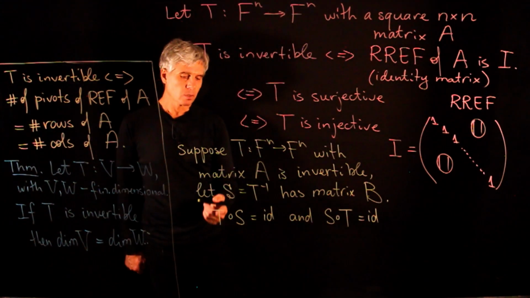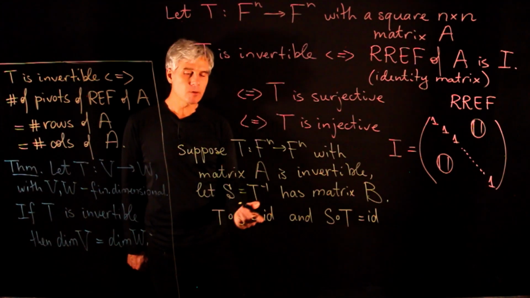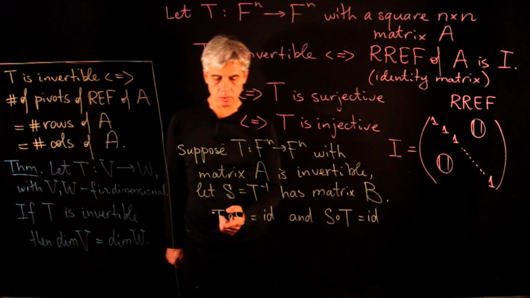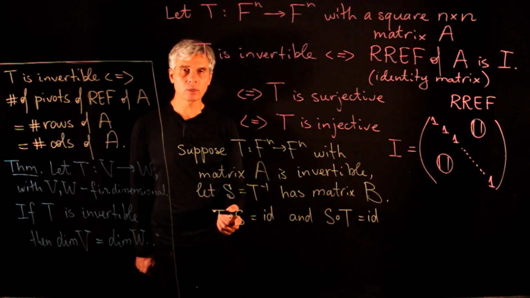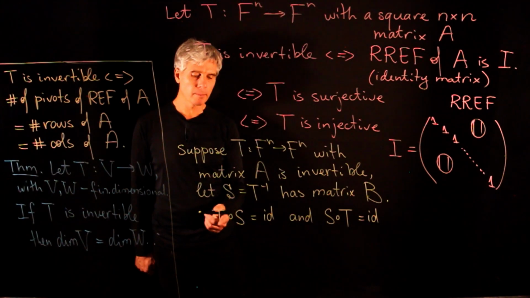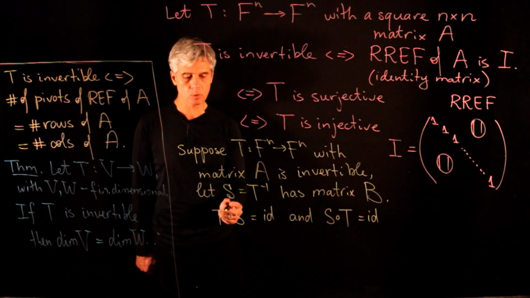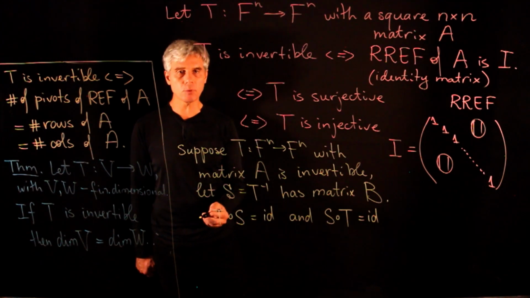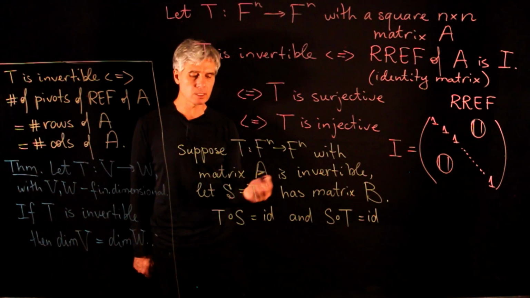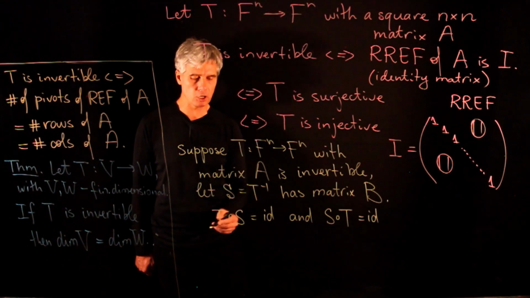Now, let us write down matrices of these transformations. So we know that a composition of transformations corresponds to the product of matrices. So more precisely, the matrix of the composition is the product of matrices of each transformation.